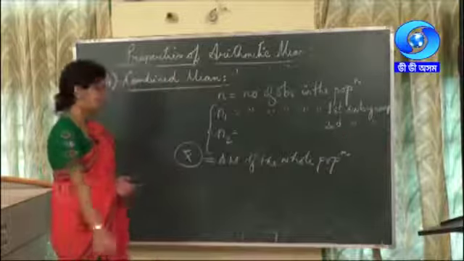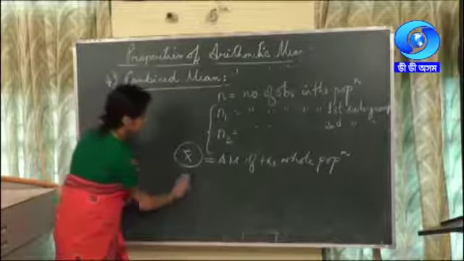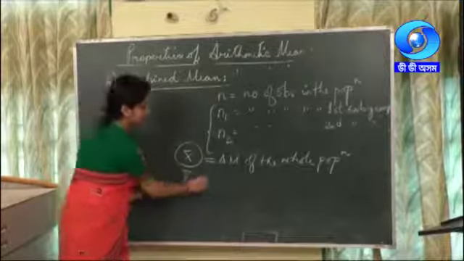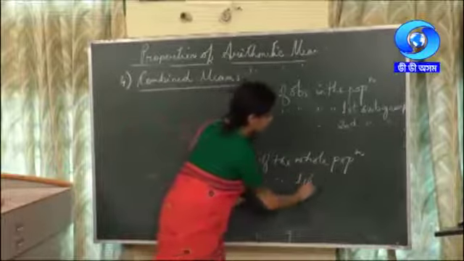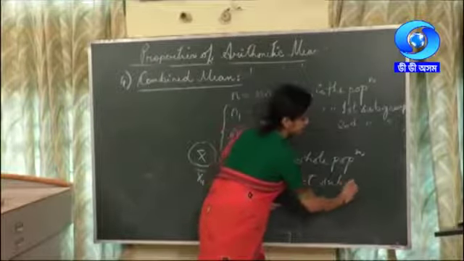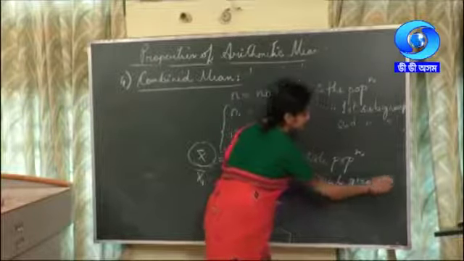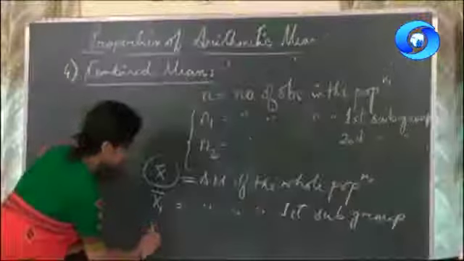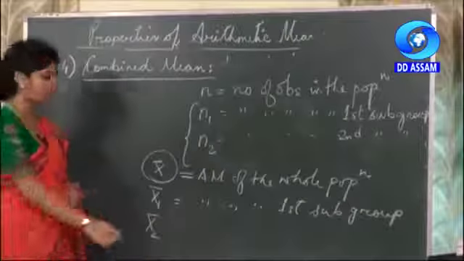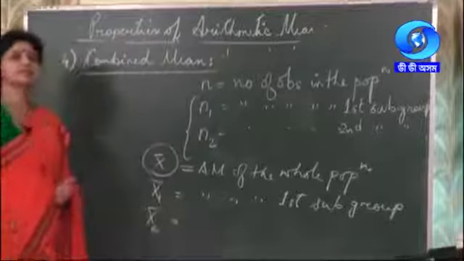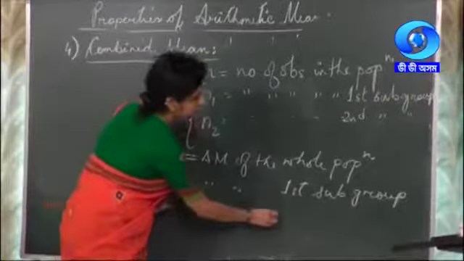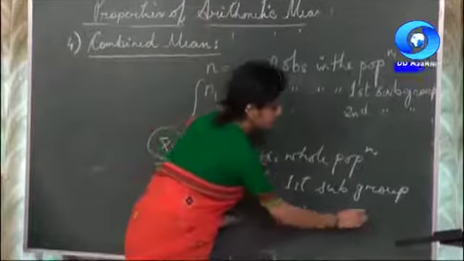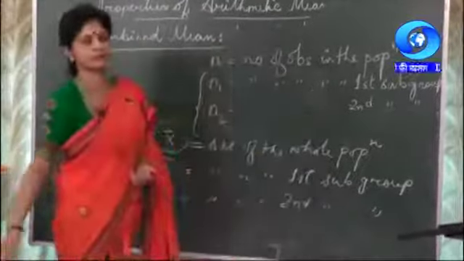Along with that, if we also have information that x1 bar is the arithmetic mean of the first subgroup, and x2 bar, you also have some information about the mean of the second subgroup, that is x2 bar is the arithmetic mean of the second subgroup or subpopulation, whatever you call.